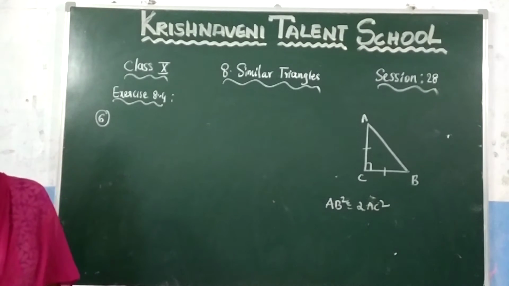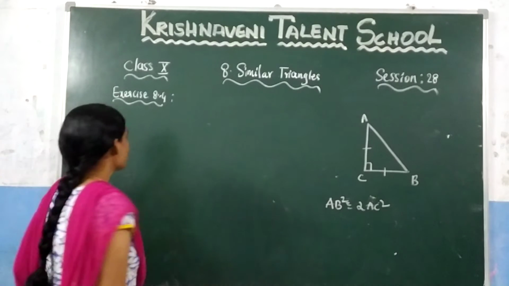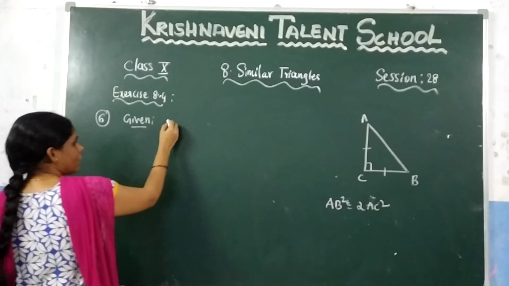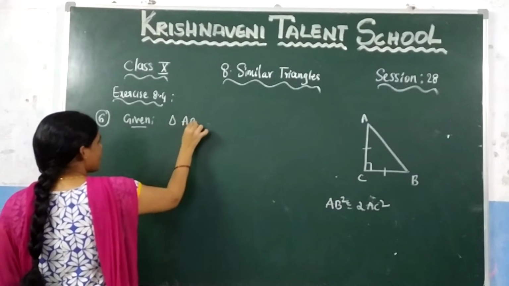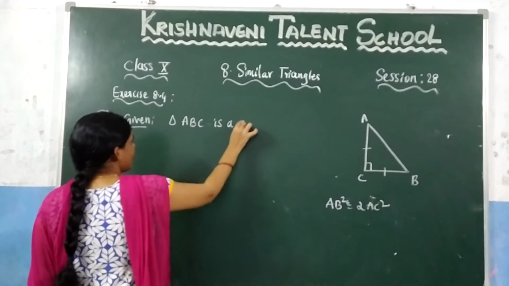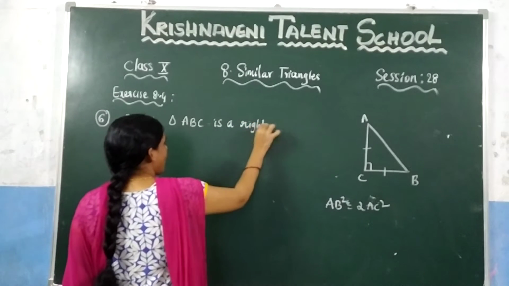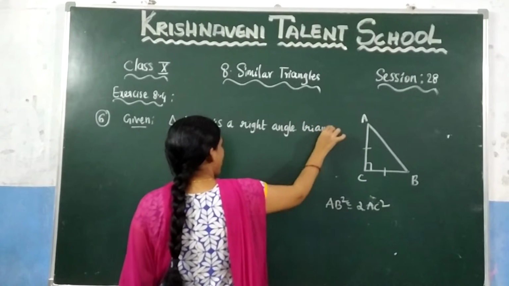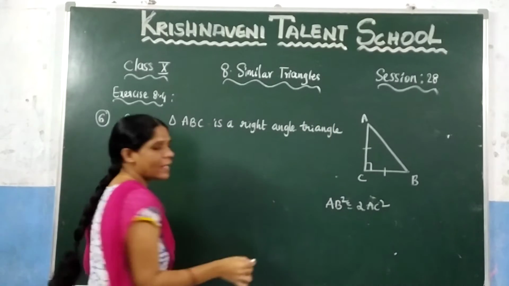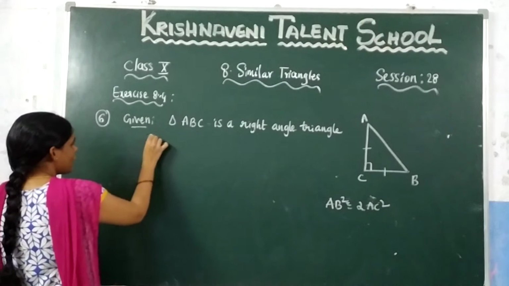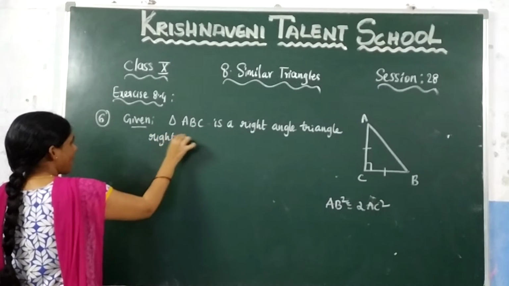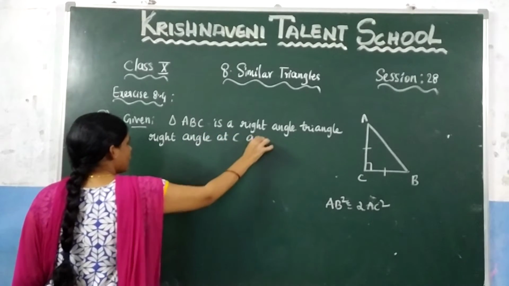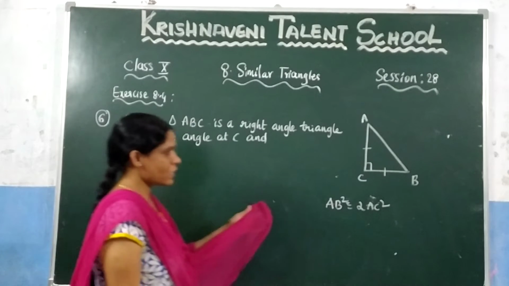So let us write what they have given and what we need to prove. Write it here, given: triangle ABC is a right angle triangle, right angle at C. And what they have given here, AC is equal to BC.